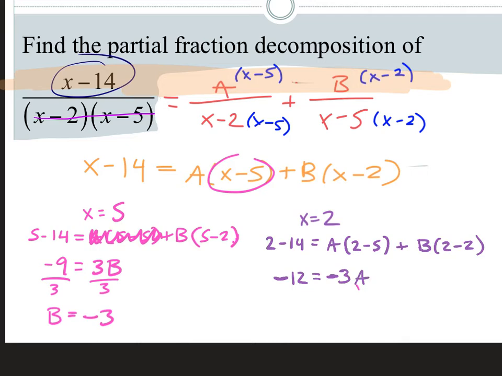And then what happens to the b? Cancels, because b times 0 is 0. Then we have to divide both sides by -3. What do we get for a? Four.